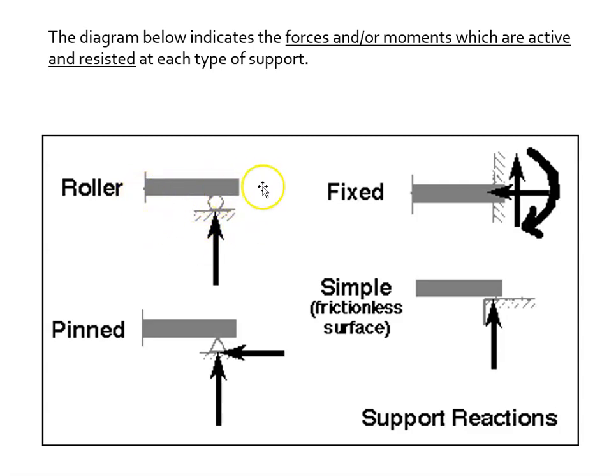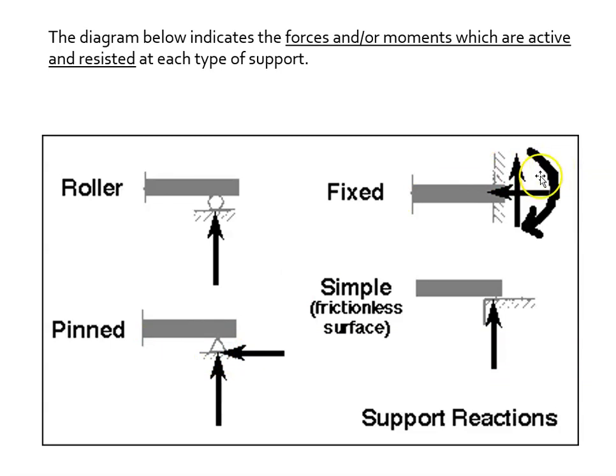So when an engineer wants to allow movement to occur in the vertical direction or in the horizontal direction, then a roller is appropriate. If the engineer doesn't want that movement to occur, they might pick a pin. This will keep movement from occurring both vertically and horizontally. So it's pinned.